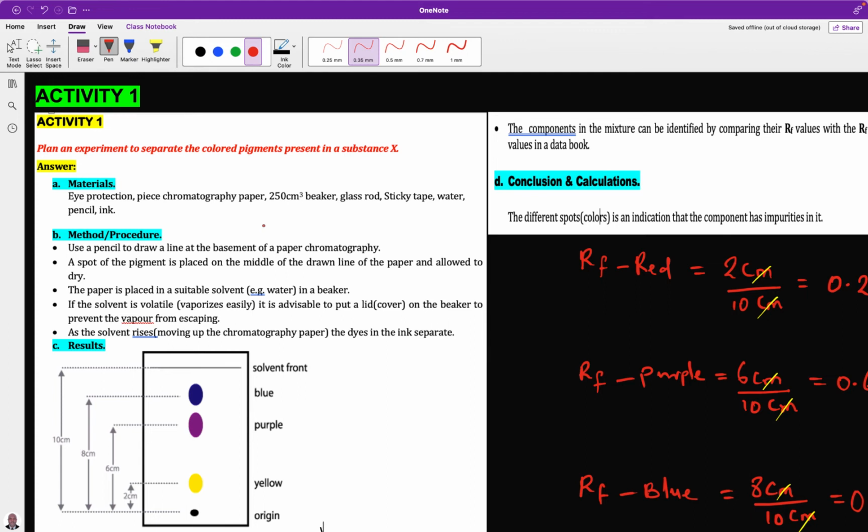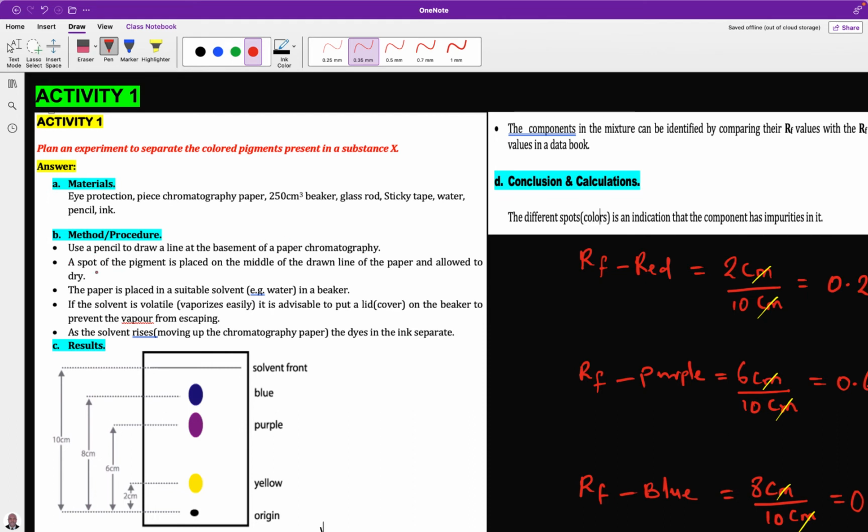Now, what is the method and the procedure? In your experiment, outline it: material, method, and procedure. On your procedure, outline clearly the stages.